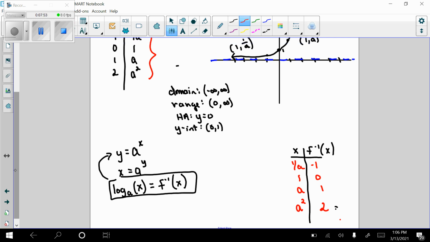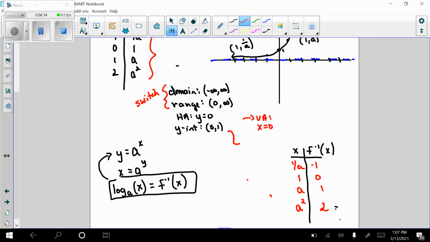So if we look at our domain and ranges, these are going to switch, because domain is x, range is y. So I can switch places there. My horizontal asymptote is going to become a vertical asymptote at x equals 0.